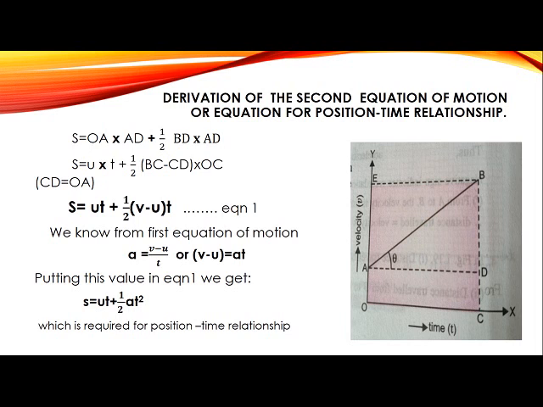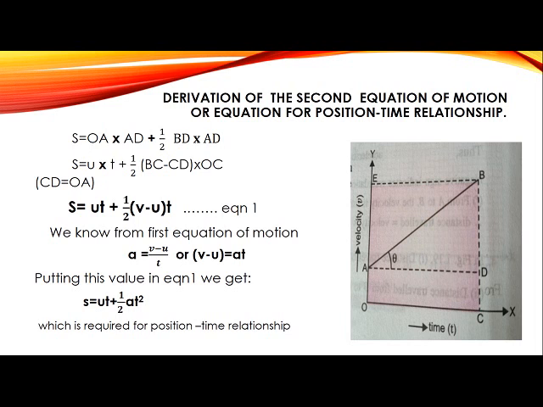OA refers to the initial velocity, AD refers to the time. Now BD: the same concept came in our first equation. How did we find the value of BD? CB minus CD gives the value of BD, that is v − u.